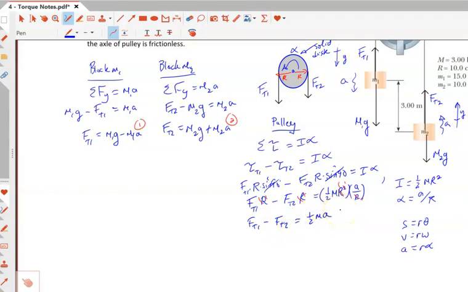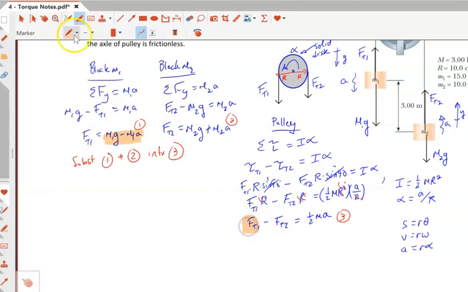And now we're going to make some replacements. We're going to substitute number 1 and number 2 into number 3. So let's replace with this expression, all of this, we're going to replace here. And of course, all of this, we're going to replace here.